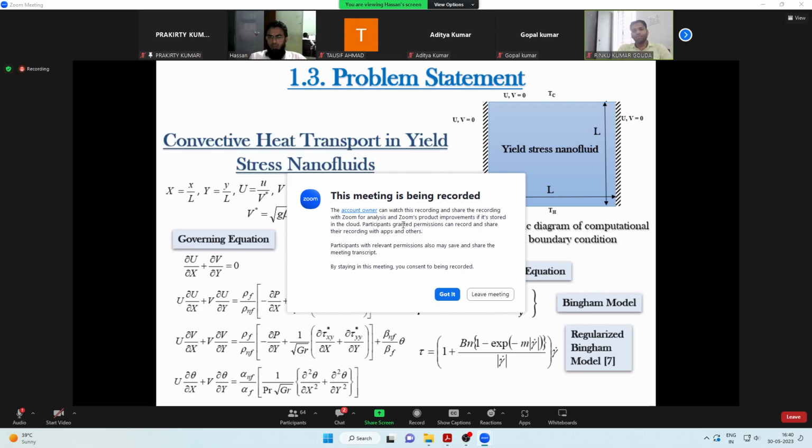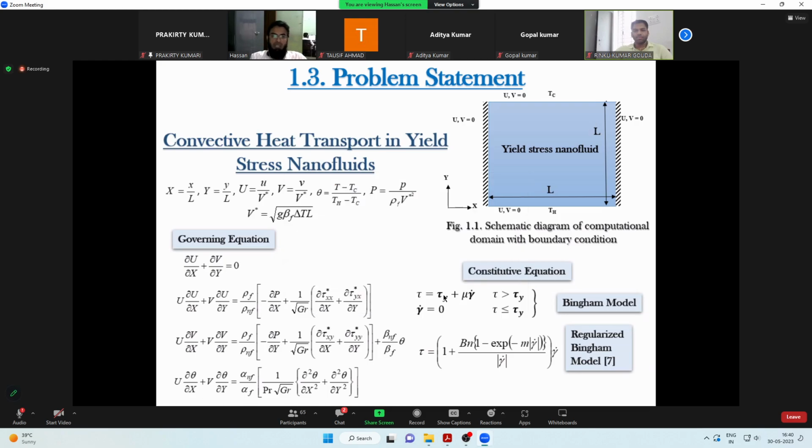Okay, so we will start with the governing equations in non-dimensional form. Those who have taken a course in fluid mechanics, heat transfer, heat and mass transfer, or convective heat transfer must be aware of this set of governing equations and the process of non-dimensionalization of the parameters.